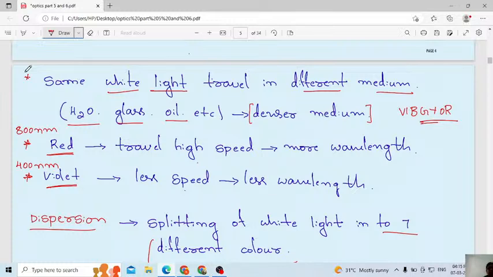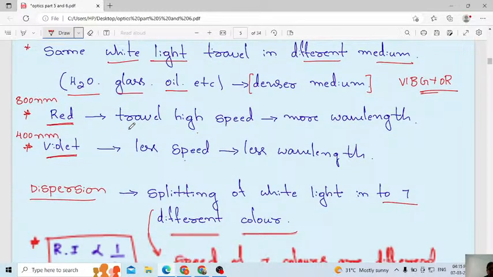Next, the same white light when it travels in a different medium like water, glass, oil, etc. These media we consider as a denser medium. When light travels from rarer to denser medium, or denser to rarer medium, it bends towards the normal and away from the normal, that we know.